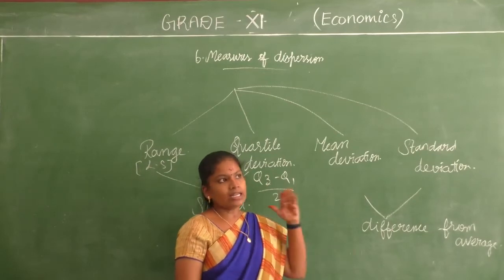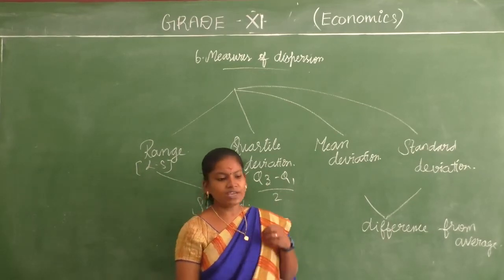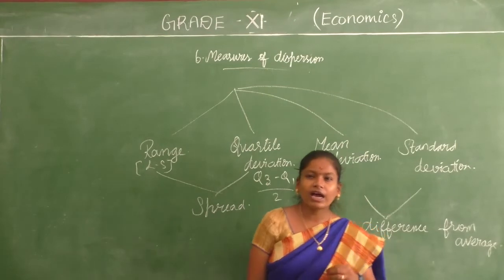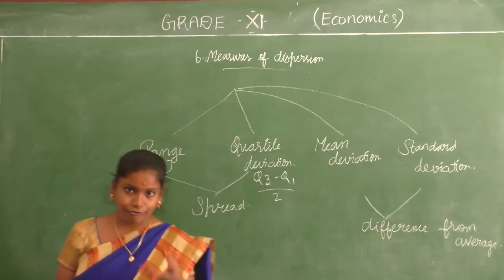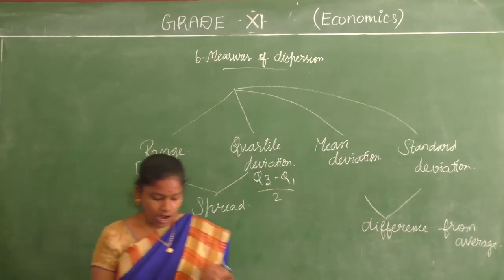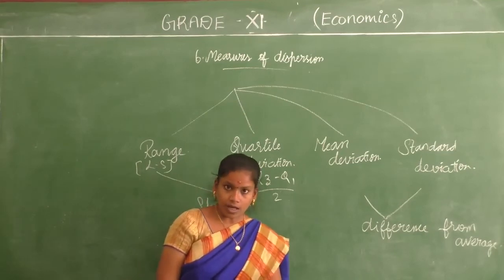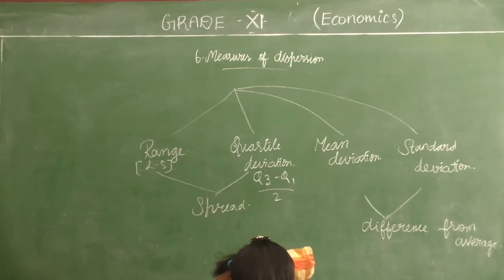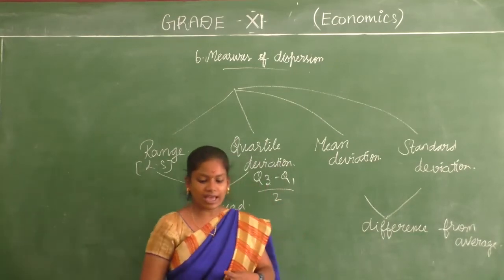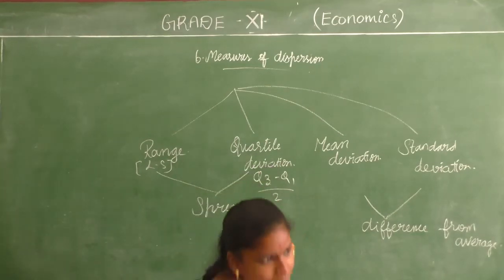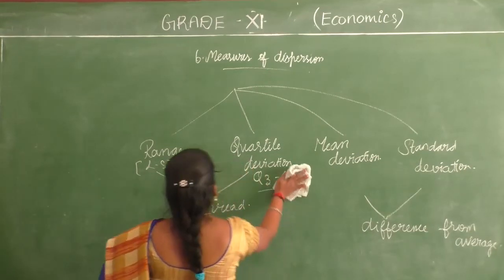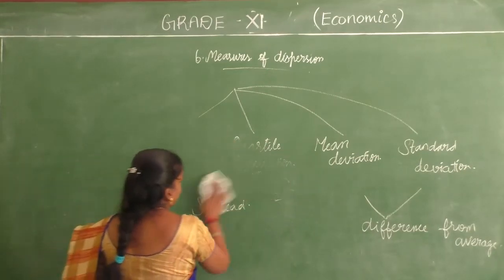Right children, and in the previous video session we discussed how many methods actually? 4 methods for ungrouped data. Right children, how many methods do we have for ungrouped data? We have 4 methods and we have started discussing which method? The actual mean method.